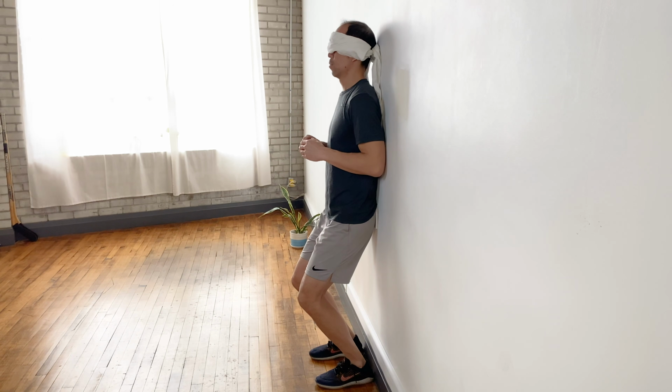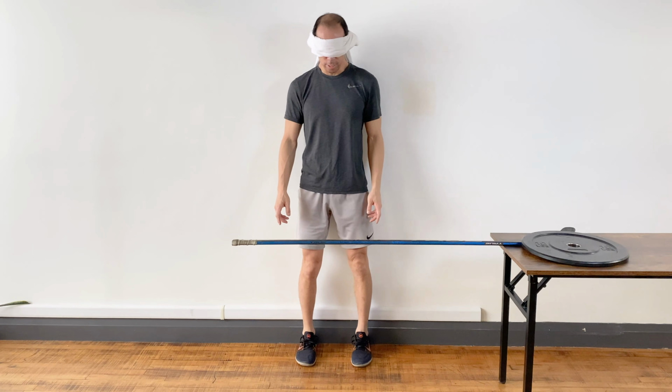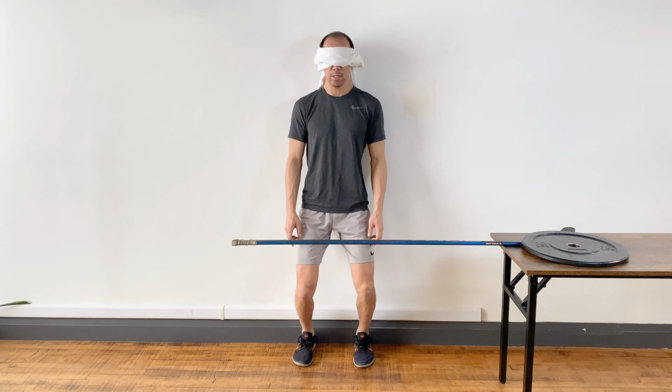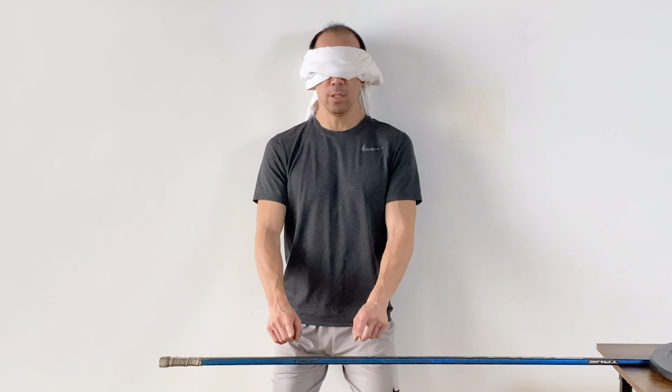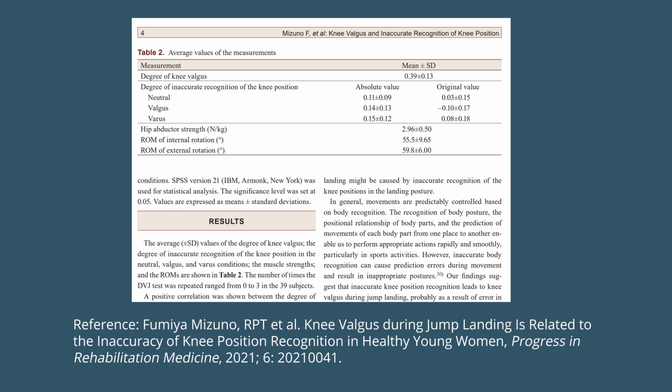The researchers also measured the inaccuracy of knee position recognition by having the subjects blindfolded, then stand against a wall and squat down to 70 degrees of knee flexion and touch a bar to indicate how far apart they thought their knees were. They also measured hip abduction strength, internal rotation range of motion, and external rotation range of motion.